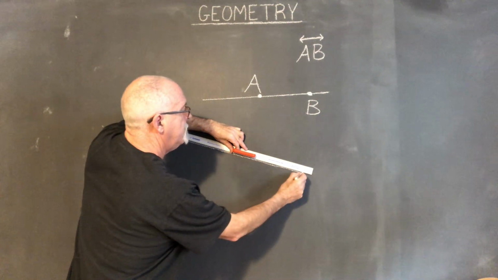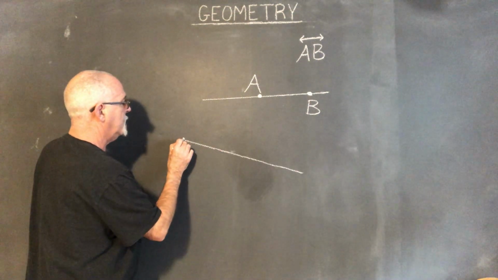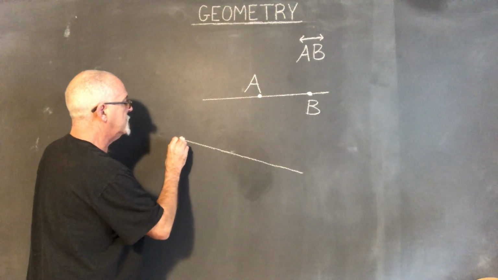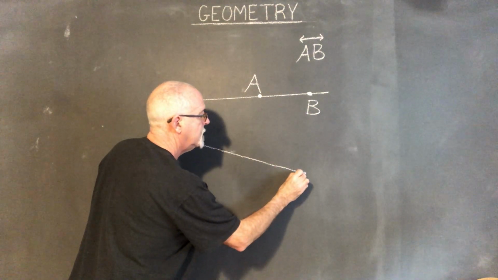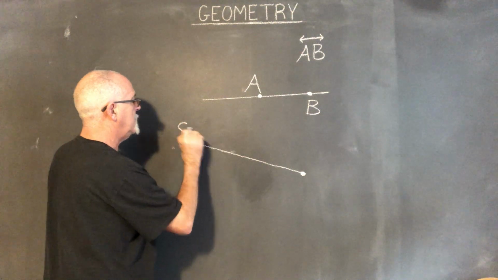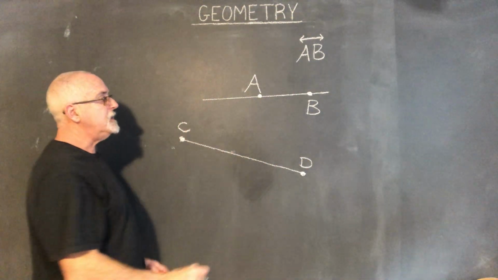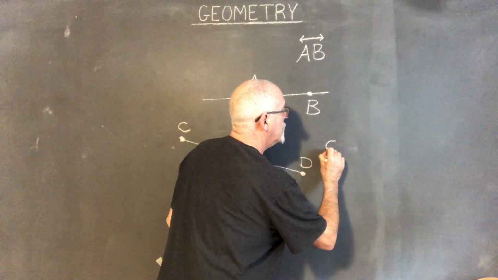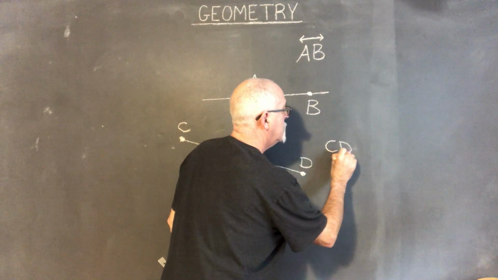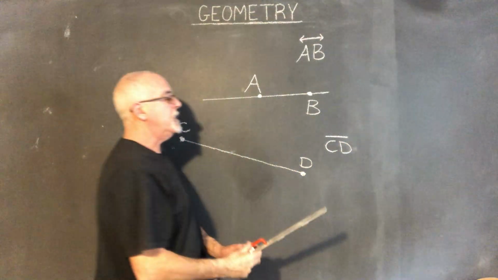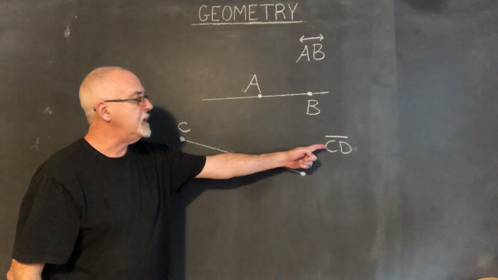But this time I want to refer to it as a line segment. I'm going to put points on both ends, and I'm going to call them C and D. So this is line segment CD, and I could refer to it like this. Notice how I didn't put the arrows on the 2 ends.